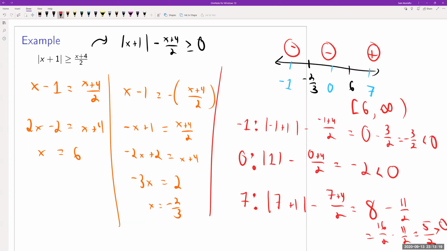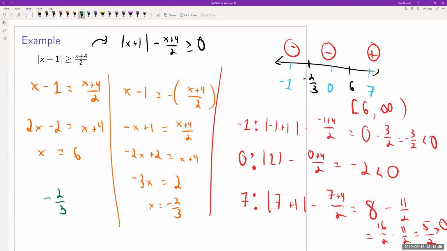I want to double check this first piece because I think that this negative 2/3 is not correct. Let's double check this first part and make certain. So looking over here, if I were to multiply both by -1, that looks good. Multiply by 2 looks okay. Then I needed to subtract 2 from both sides and subtract x from both sides and divide by -3. This looks okay. Double checking in the original.